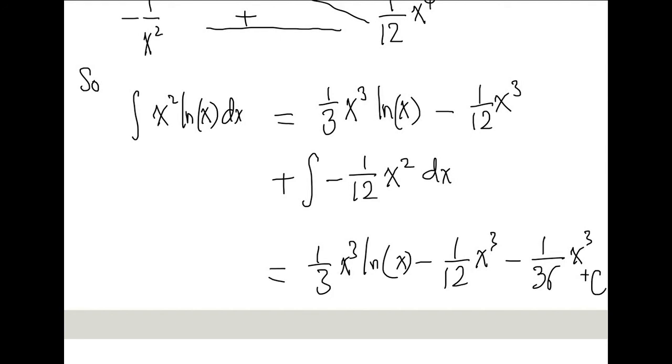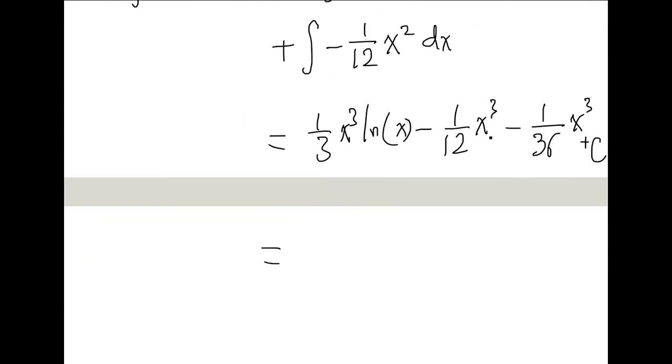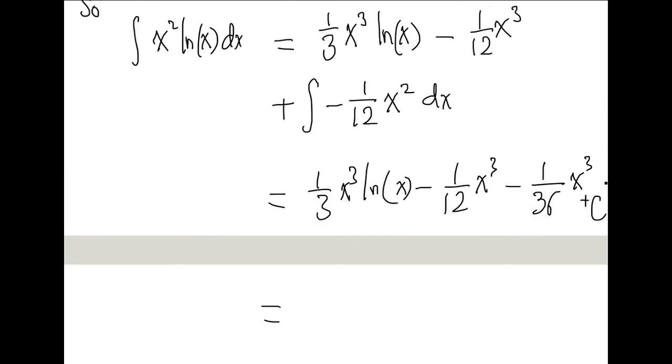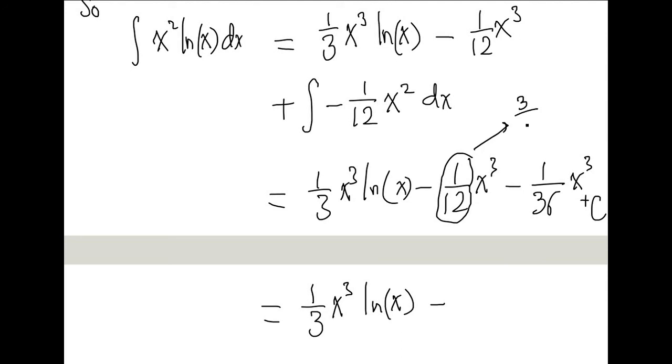We need to simplify the other one, the two terms right here. So 1/3 x cubed log x, and then here we will get what, minus 1/12 minus 1 over 36 will give us, so this would become 3 over 12, sorry, 3 over 36.